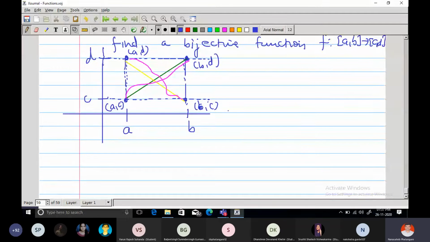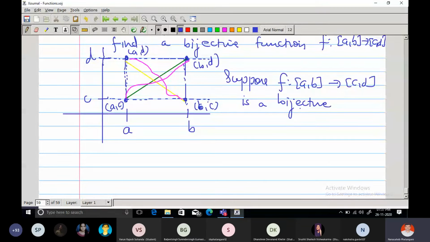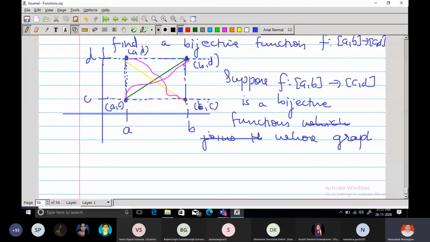Suppose f from AB to CD is a bijective function whose graph joins the points AC, BD.